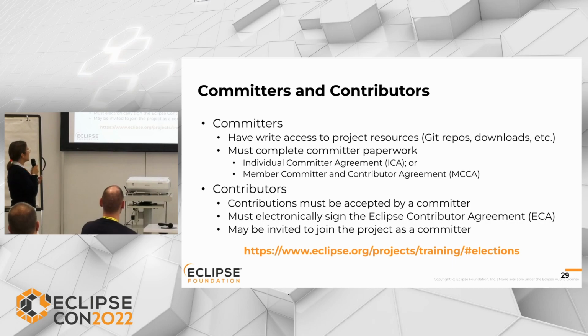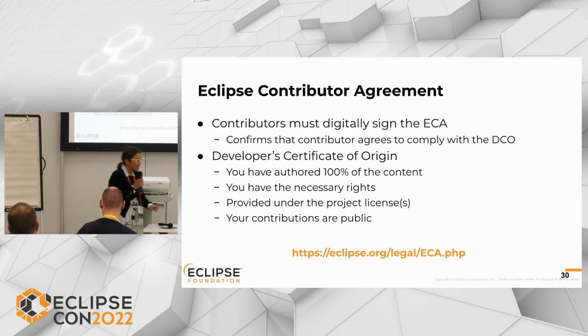So you need to make sure that the contributions are accepted, right? You need to make sure to interact with your contributors, and you need to make sure that these contributors have an ECA signed agreement. ECA stands for Eclipse Contributor Agreement. It's a huge deal. It's there to protect you and your project.